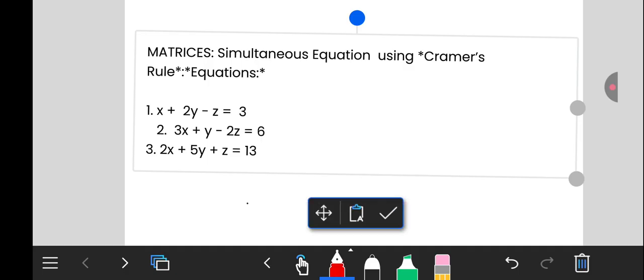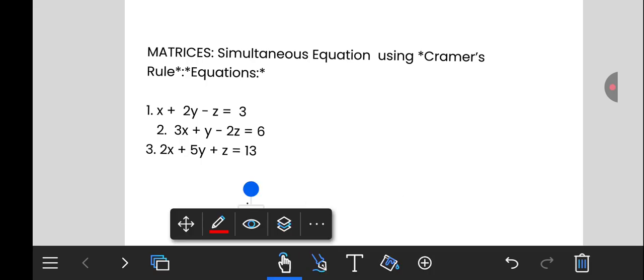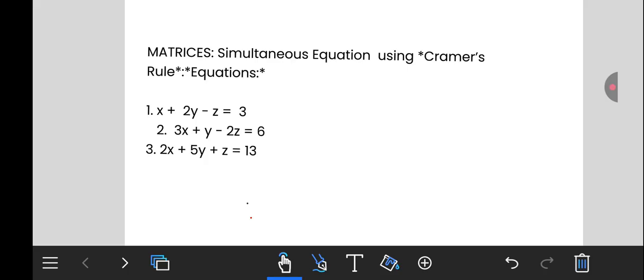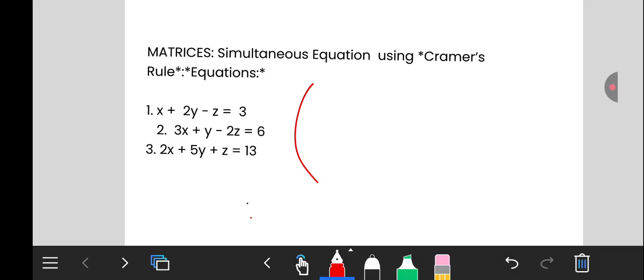So how do you get to do that? This is what you do. You just take the coefficients. The first column will have only the coefficients of x, and we are going to have 1, 3, and 2.